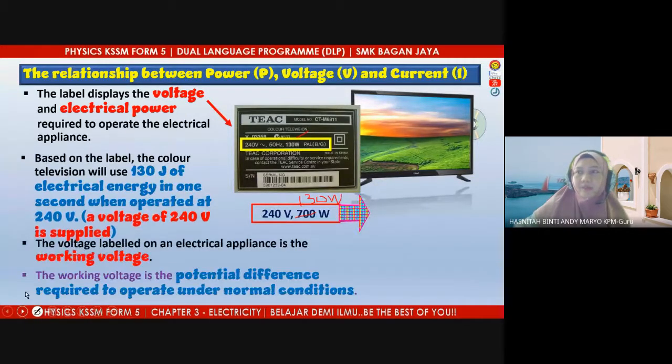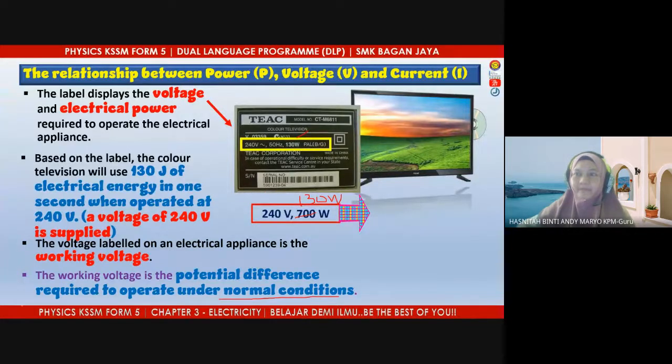Okay, so the voltage level, as I mentioned here, shows the working voltage of this color TV. What is working voltage? It is the potential difference required to operate under normal condition. Normal condition here means they operate at the supply voltage.